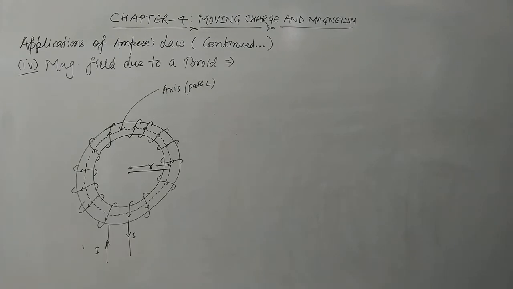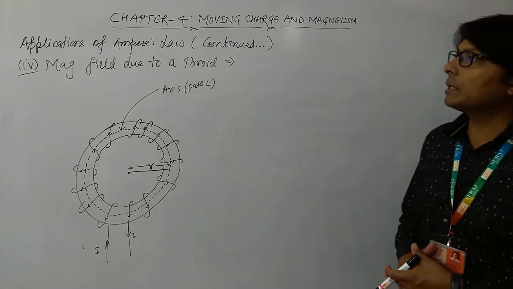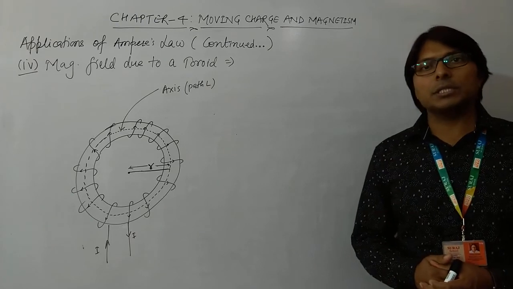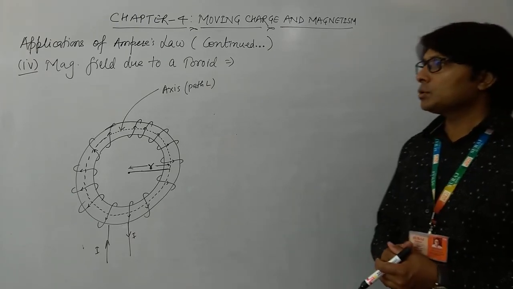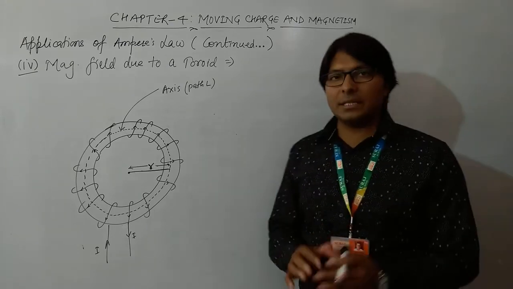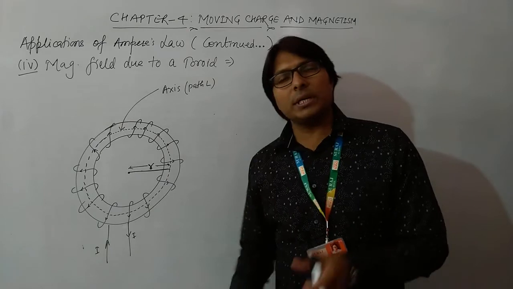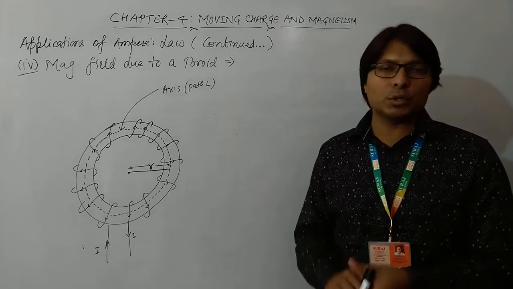So now let us discuss its fourth application, magnetic field due to a toroid. Now the question comes to our mind: what is a toroid and how is it different from a solenoid? A toroid is nothing but the circular shape of a solenoid.